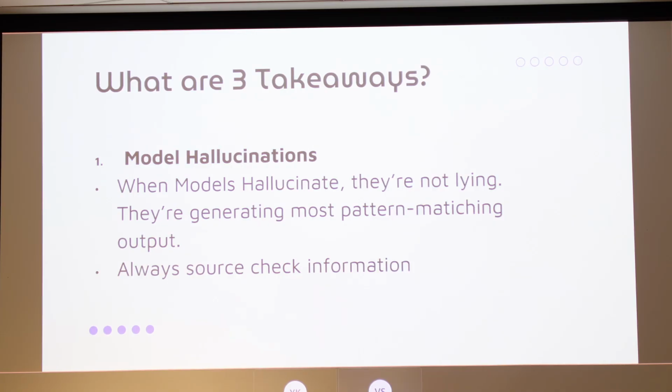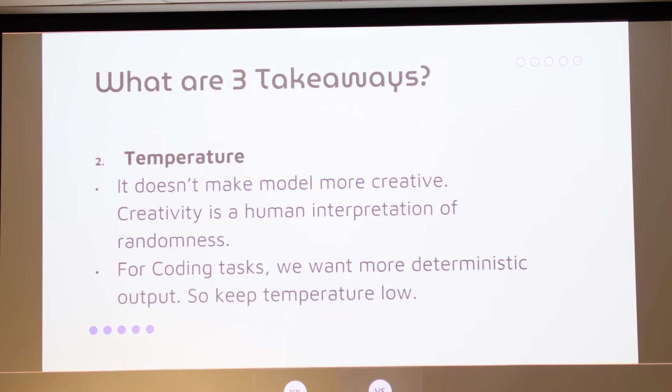So every time, it's very sure about the answer. Always check your sources, because it's trying to give you the most predicted outcome, meaning the most probable outcome that it has. You should always check your sources of information, especially when the model is very confident in giving you the answer.